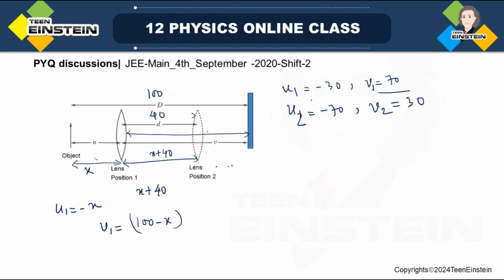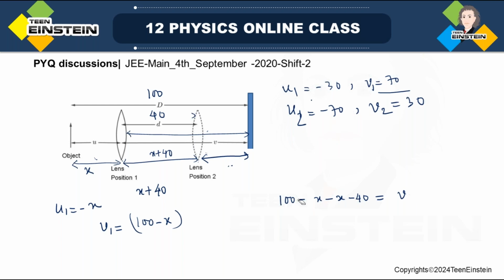Then how much is remaining? Remaining is this much. See, I get 100 minus x minus 40. This much is remaining. That will be the image distance for the second one, v2. Okay, so I hope you have understood this.